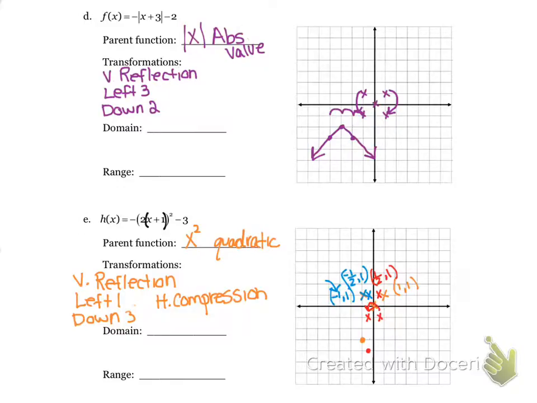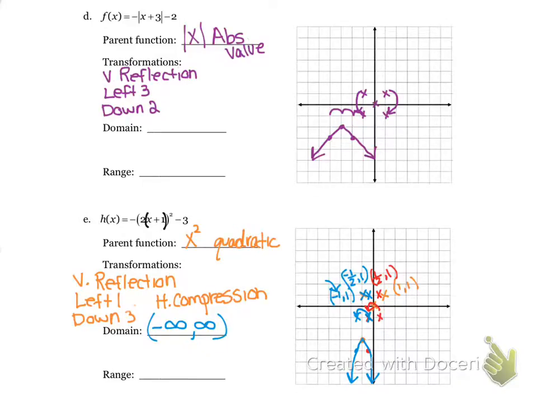It's going to vertically reflect down here, and then we're going to go left 1, down 3. So all you need to remember is that whenever you have a reflection and a compression at the same time, in addition to left and right, do those first and then move left and right.